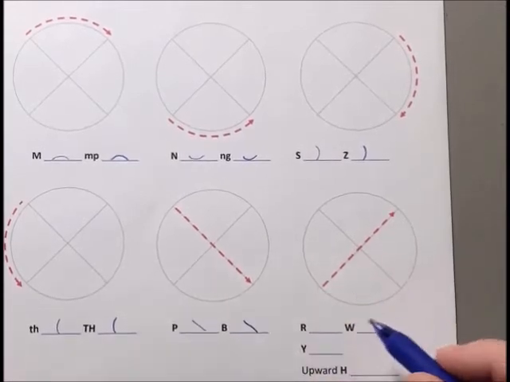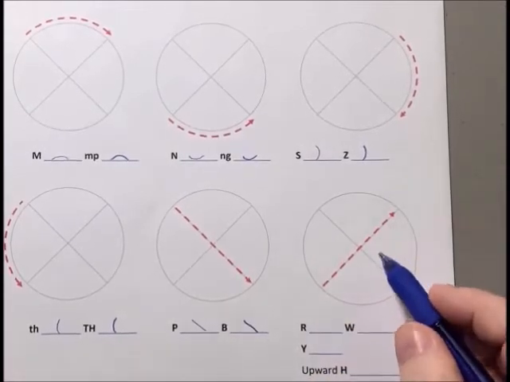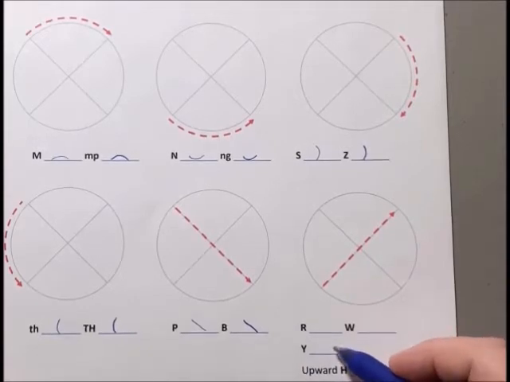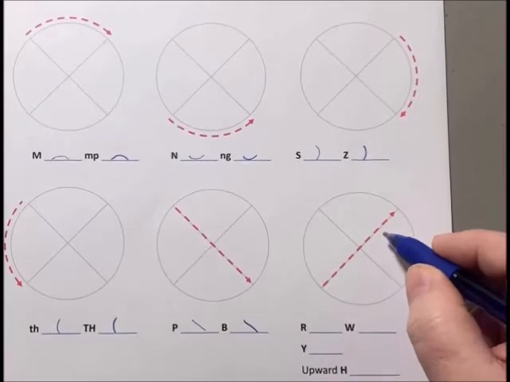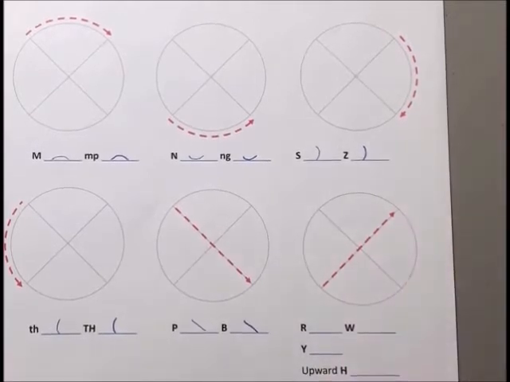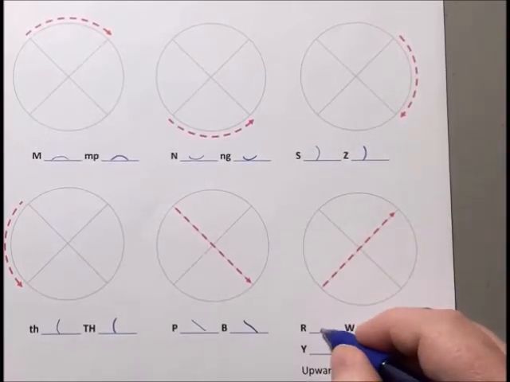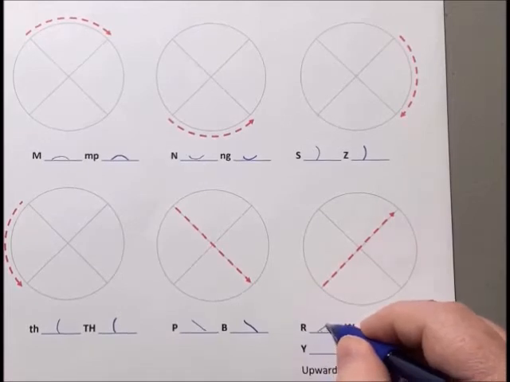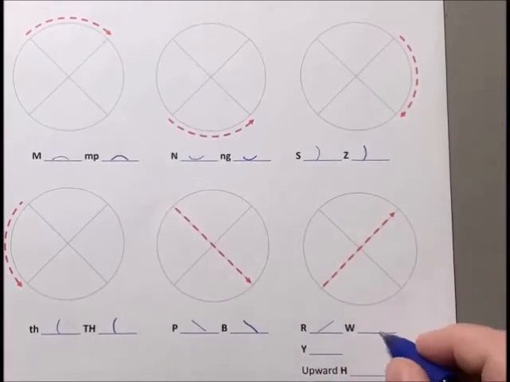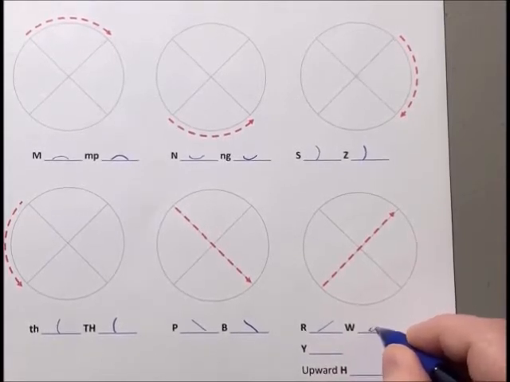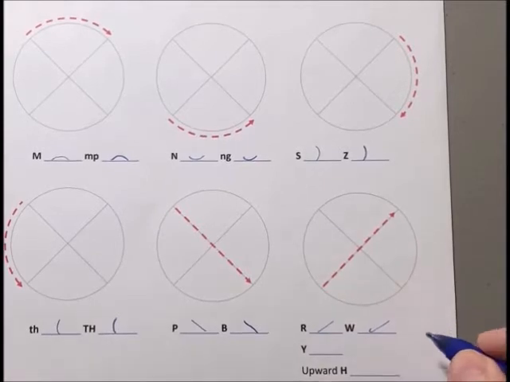The letters R, W, Y, and the upward H all use this upward 45-degree angle. So for this R, it is just a light stroke upward at a 45-degree angle. The W is going to begin with a hook and continue with the upward 45-degree angle.